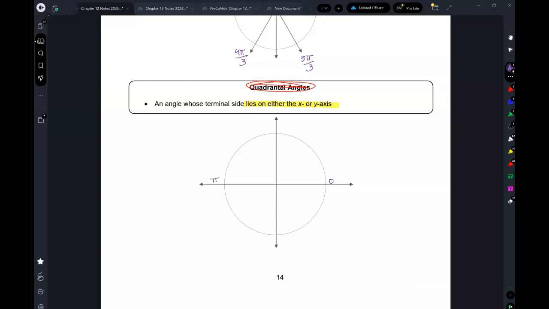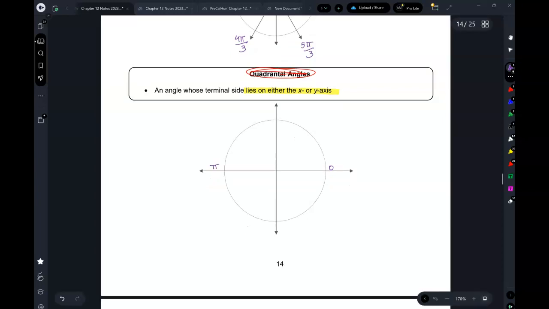Halfway in between 0 and pi is half a pi, pi over 2. So here, half a pi, 1 pi, 1 pi and a half. 1 and a half is the same as 3 over 2.